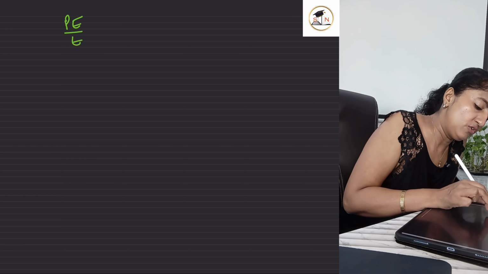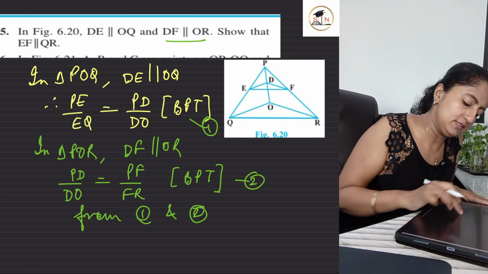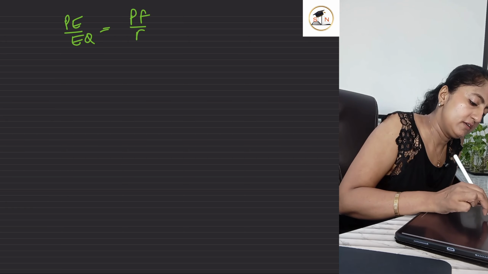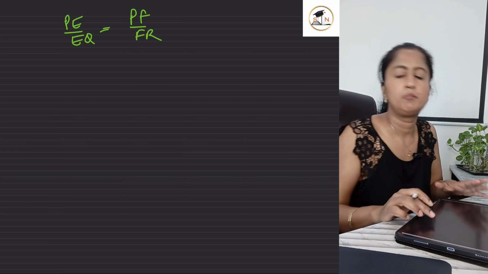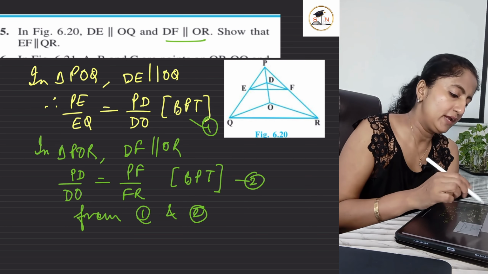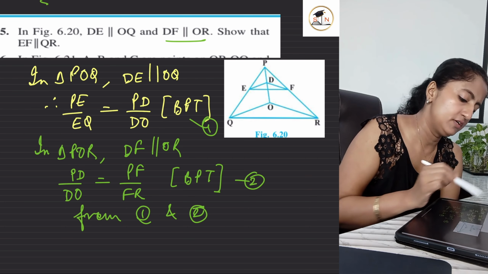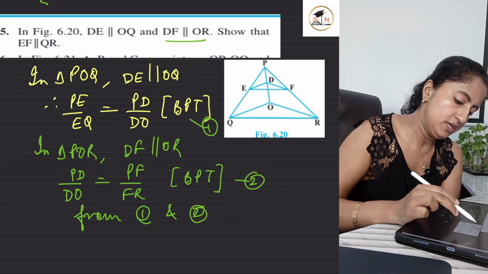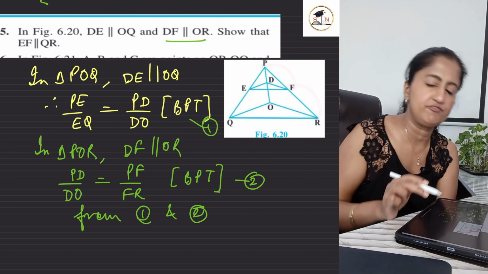We get PE over EQ equals PF over FR. But this is not the thing that we were supposed to prove at the end. What we have done is proved PE over EQ equals PF over FR.